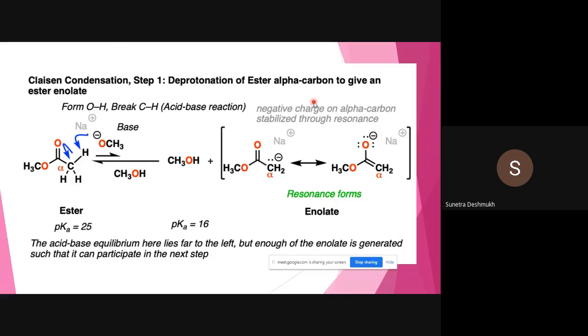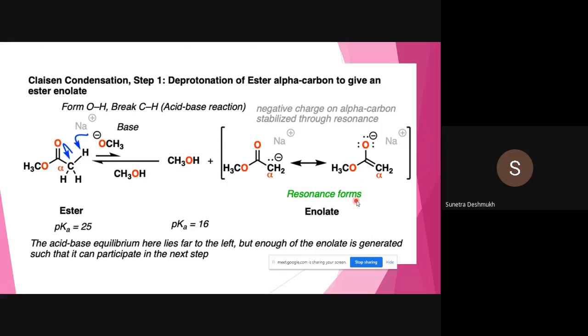Claisen condensation, step one: deprotonation of the ester alpha carbon to give an ester enolate. We take one equivalent of ester, with pKa 25, and treat it with a strong base. Sodium methoxide abstracts the proton, and methanol is used as the solvent.